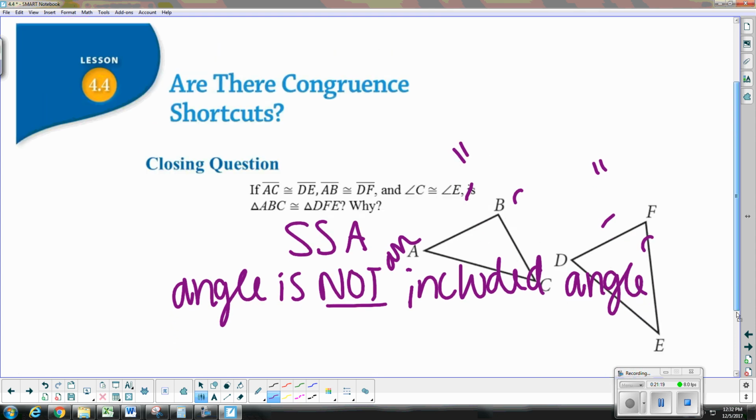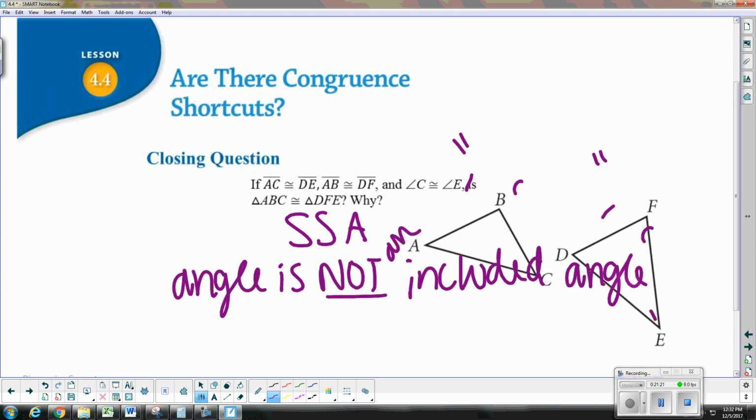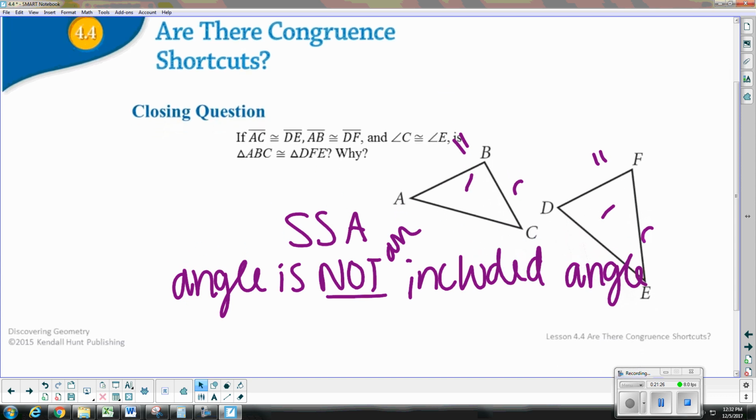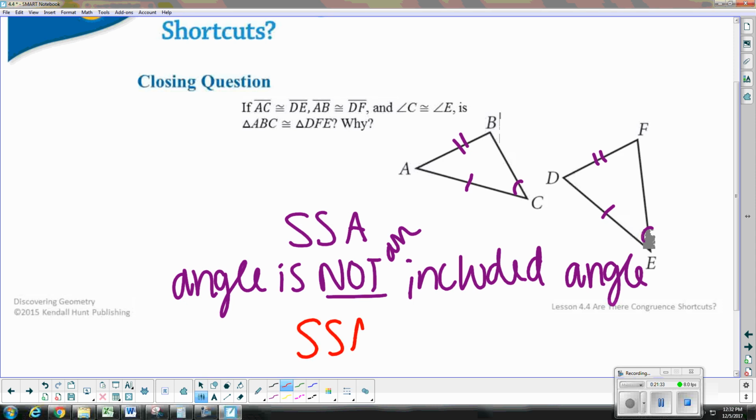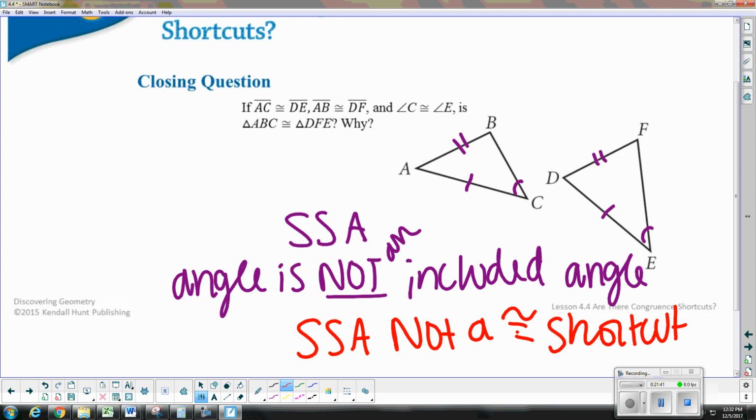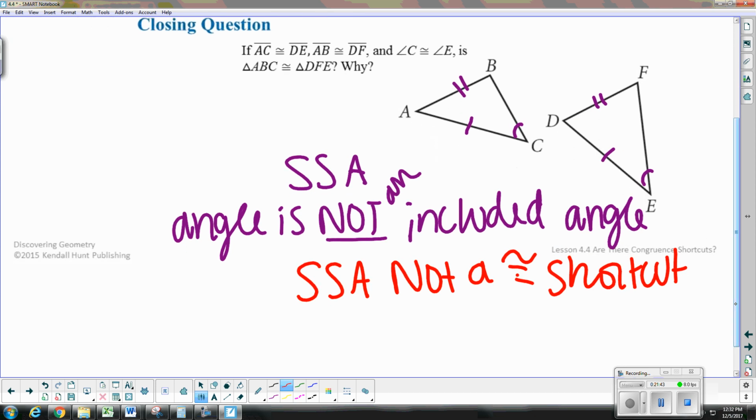So since the angle is not included here, side side angle is not a shortcut. So we cannot conclude that these triangles are congruent. It doesn't mean that they are not. It just means we don't know for sure that they are.